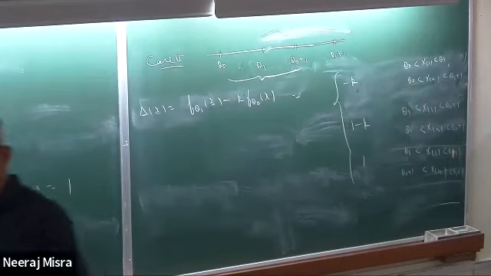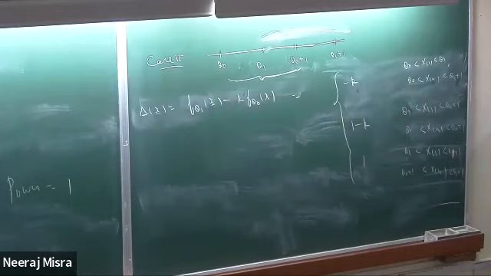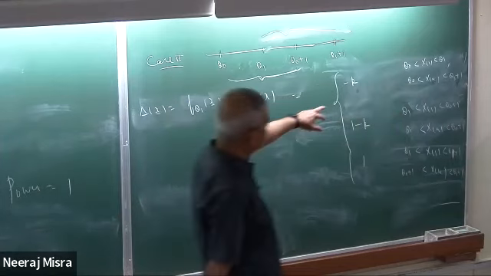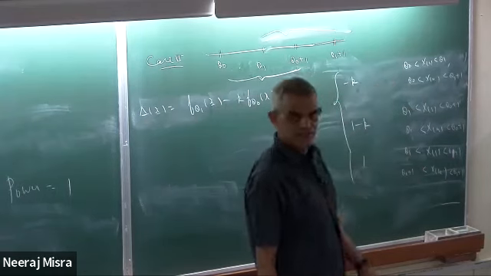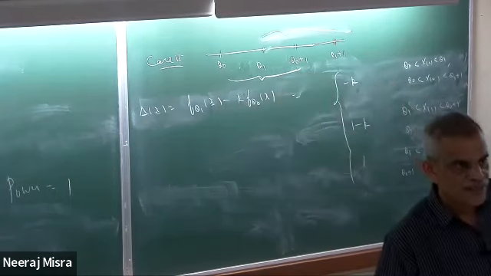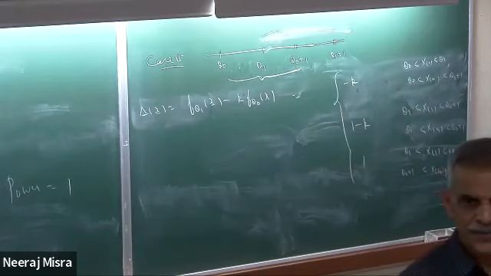Start choosing k. So the first possibility is you take k as 0, right? If you take k equal to 0, what do you get? It is 0 over here, it is 1 over here. So k is equal to 0.